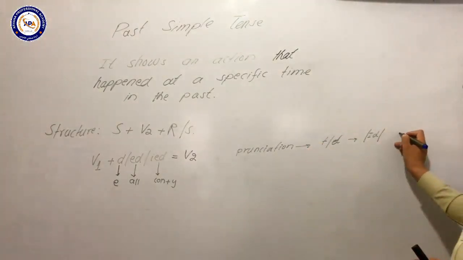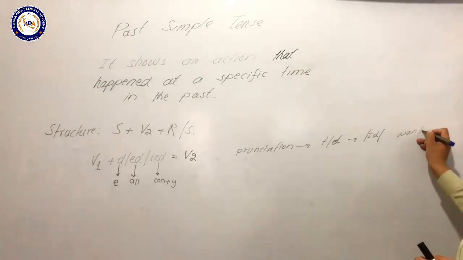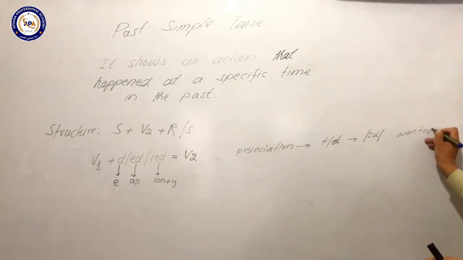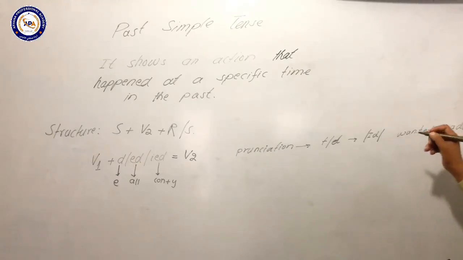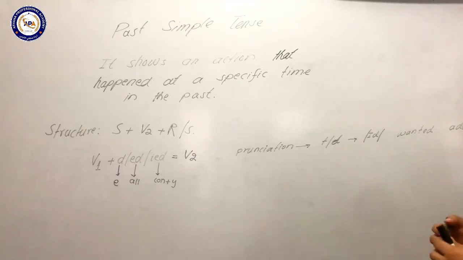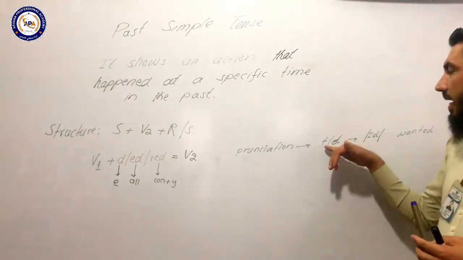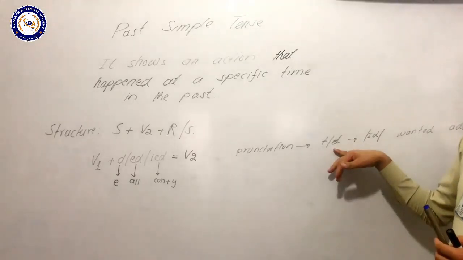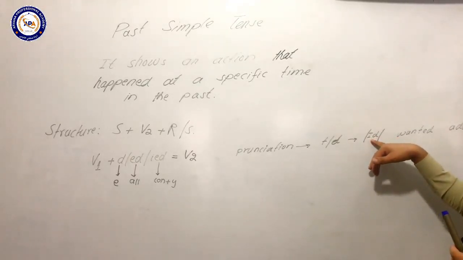Like want ends in T. If you add ed at the end, it becomes wanted. Add, and it becomes added. End, ended. Start, started. So for a verb ending in T or D, the pronunciation is id.